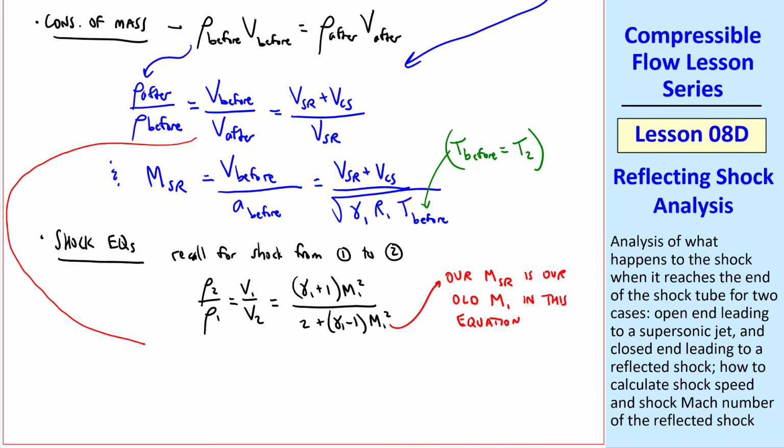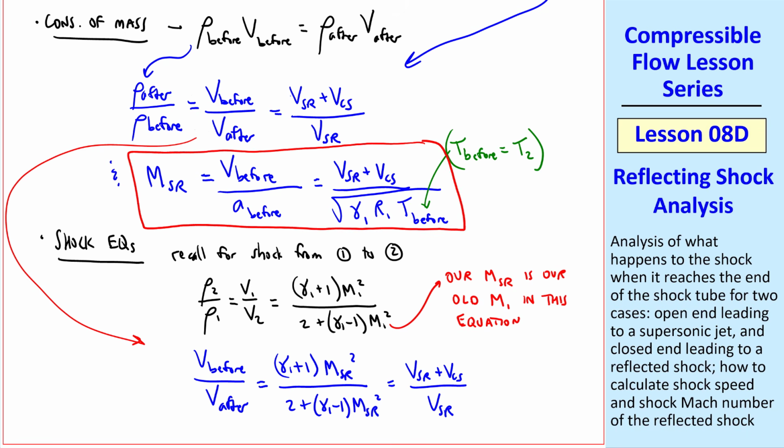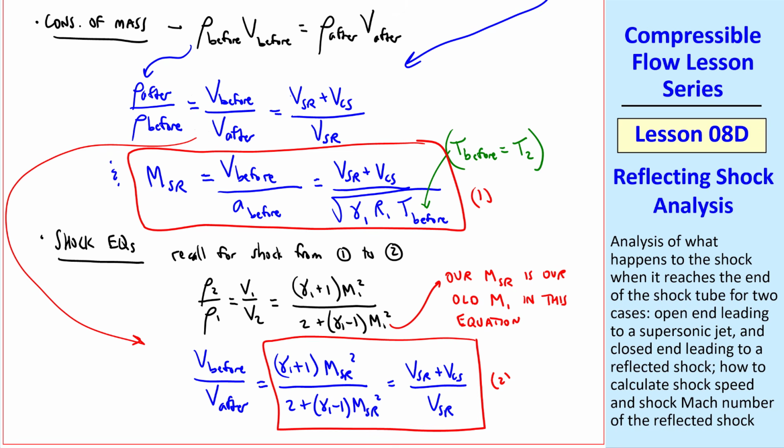So this equation becomes V before over V after equal gamma 1 plus 1, MSR squared over 2 plus gamma 1 minus 1, MSR squared. And from up here, this is equal to VSR plus VCS over VSR. Let's call this equation 1 and this equation 2.